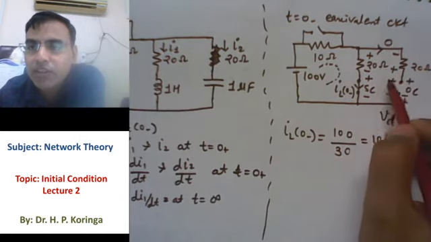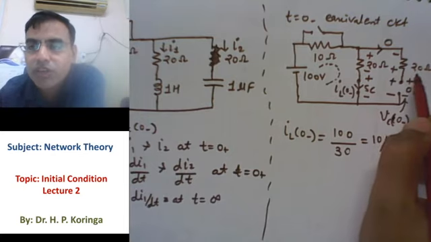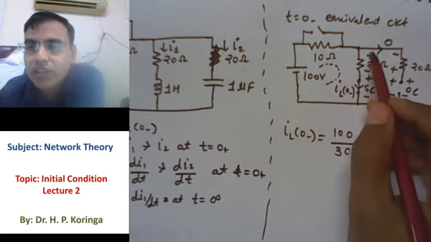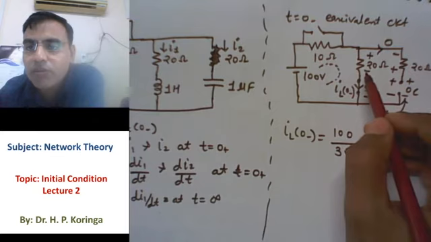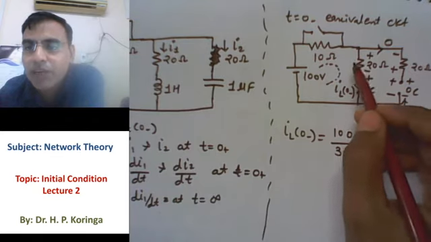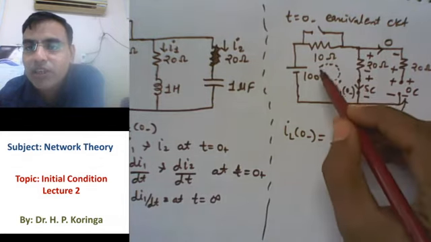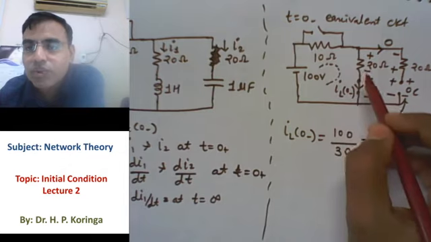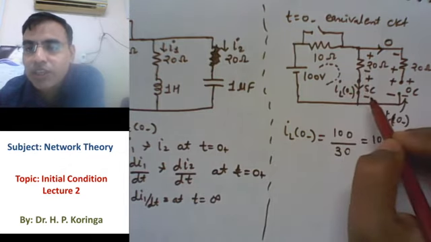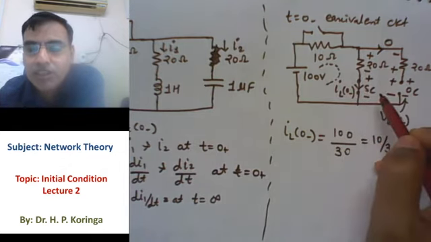The current in this path is 0 ampere because of the open circuit. So the voltage across this 20 ohm is 0 volt. Now the voltage across the other 20 ohm is 20 ohm multiplied by the current passing through it. What is the current in this branch? It is 10/3 ampere, the same as the current in this loop. And the voltage across the short circuit is 0 because the resistance is 0.